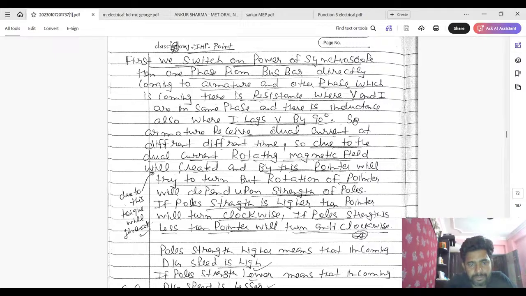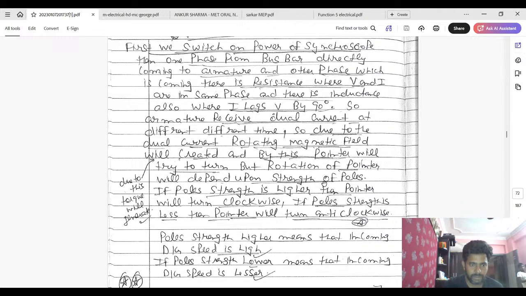Due to this, a rotating magnetic field is created, and the pointer will try to turn. If the pole strength is high, the pointer will turn clockwise, and if less, the pointer will turn anti-clockwise. Due to this, torque is generated.